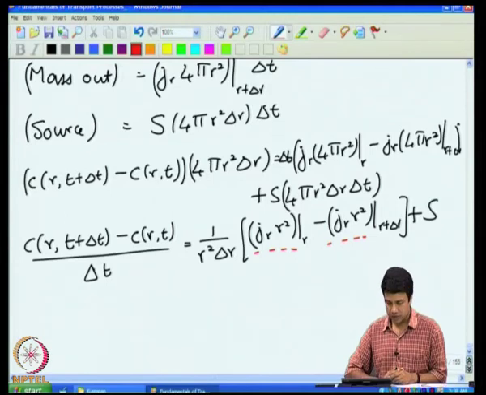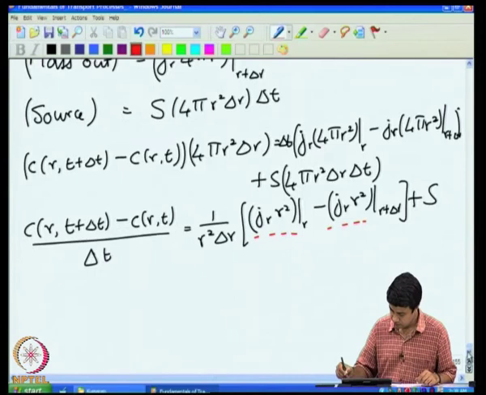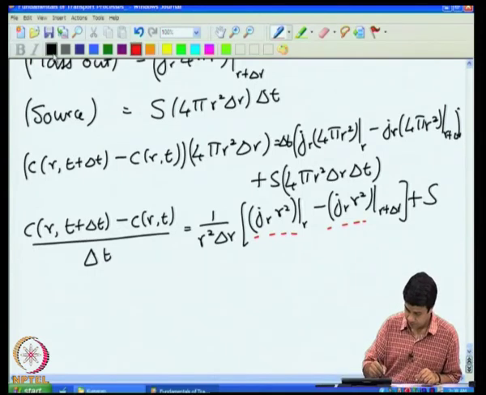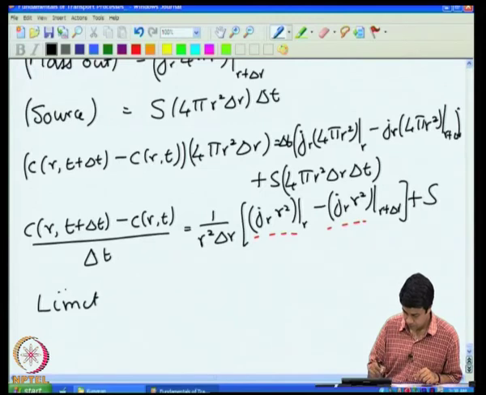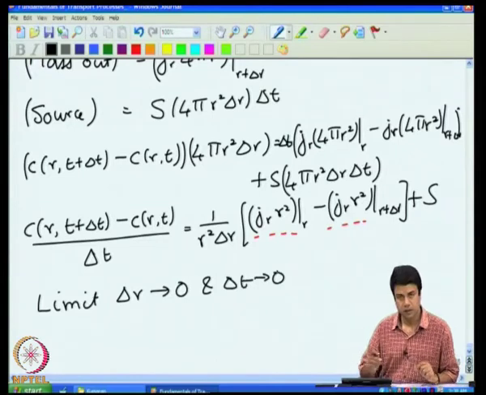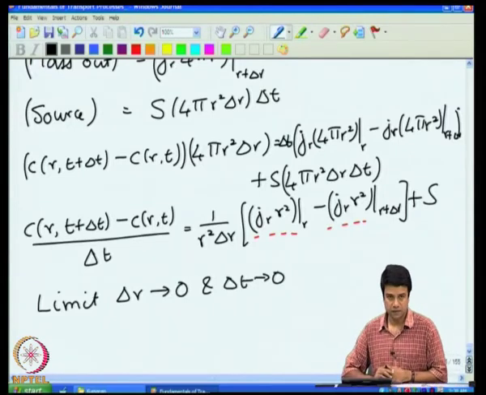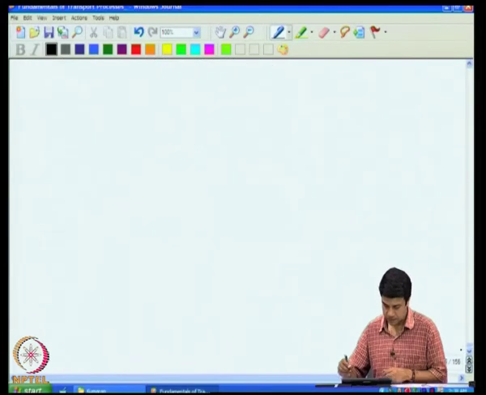Now, taking the limit delta r going to 0 and delta t going to 0, I get a differential equation for the variation of concentration in the spherical coordinate system.